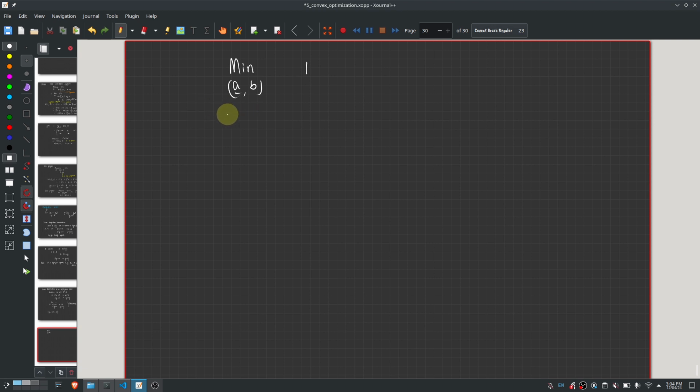I minimize a constant function subject to the following constraints, that A transpose Xi is, let's say, greater than or equal to B plus 1, Xi is in the first set, and A transpose Yi is less than or equal to B minus 1 for all Yi in this set Y.